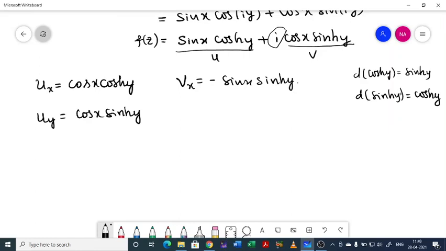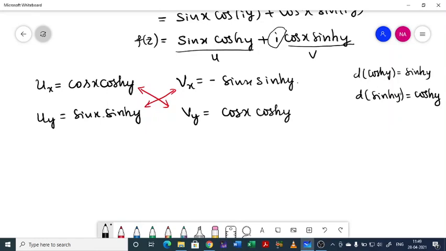Oh sorry, this is not cos x, this is sin x, right? Vy equal to cos x cos hy. So you can check ux equal to vy and uy equal to vx with negative sign.